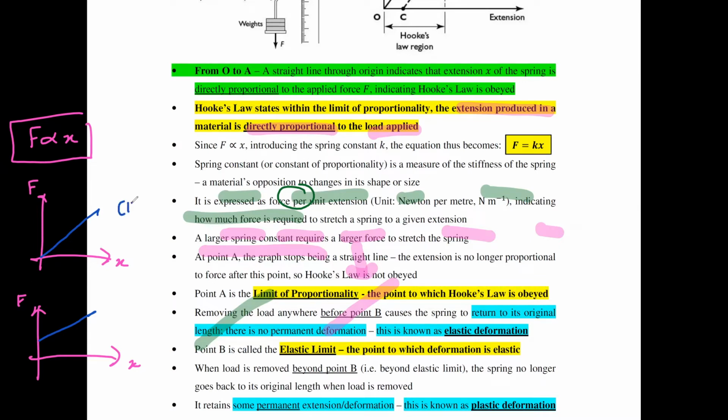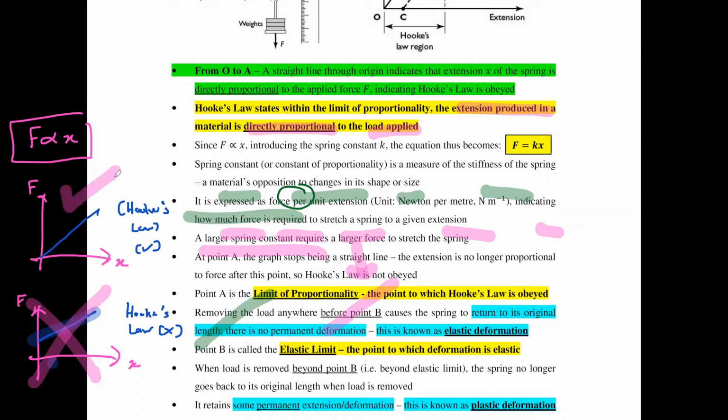We will say that this one is obeying Hooke's law, but this one is not obeying Hooke's law, because you see it does not start from 0. Force is not directly proportional to x here. Force is not directly proportional to extension.